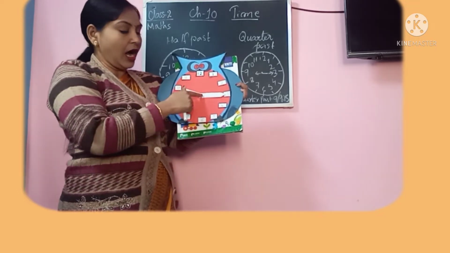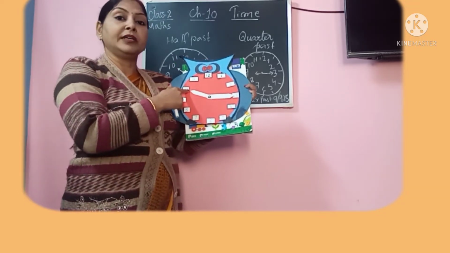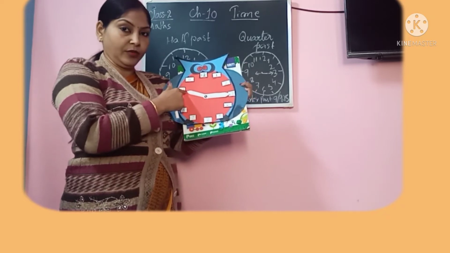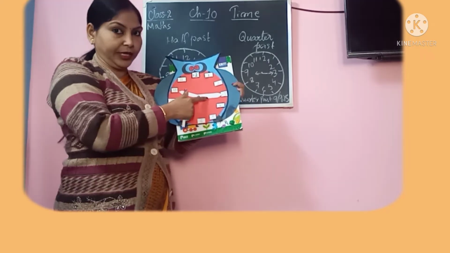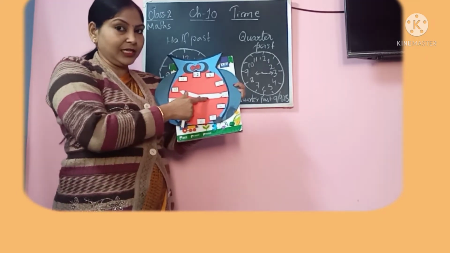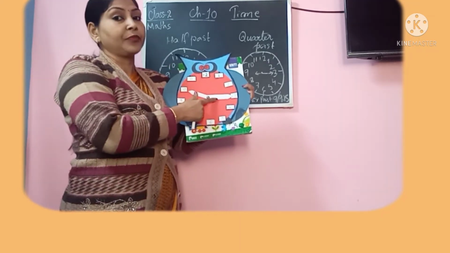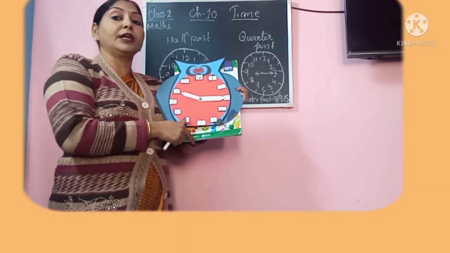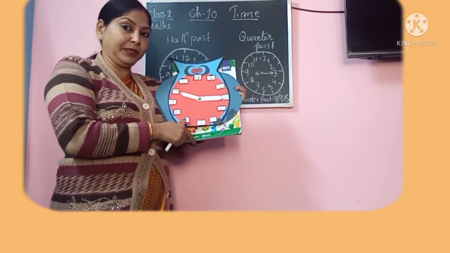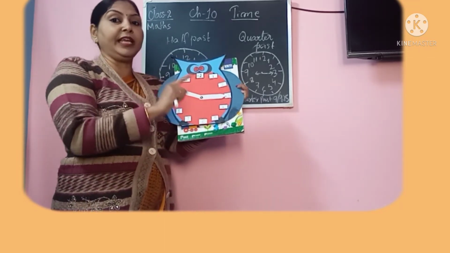So when our hour hand is pointing at 10 and the minute hand is pointing at 3, what is the time? We read this time as quarter past 10. That means 10:15.